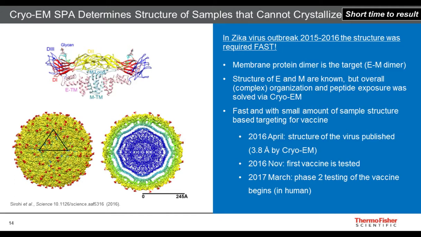And that has actually led, in 2016, to revealing the first virus structure publication at 3.8 angstrom resolution. That was already quite decent to start evaluating and experimenting with the first vaccines. And that happened at the end of the year, first vaccine testing, and the phase 2 trial testing has already been in progress since March of last year.